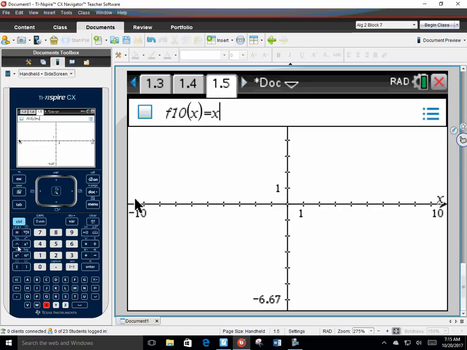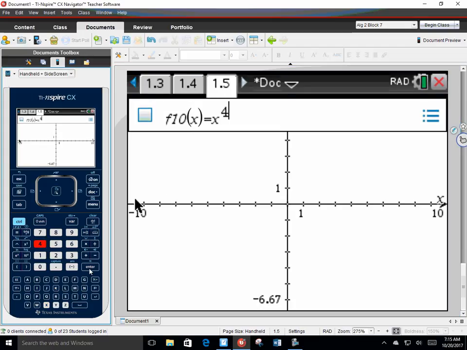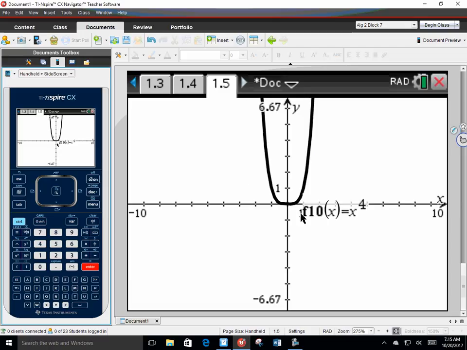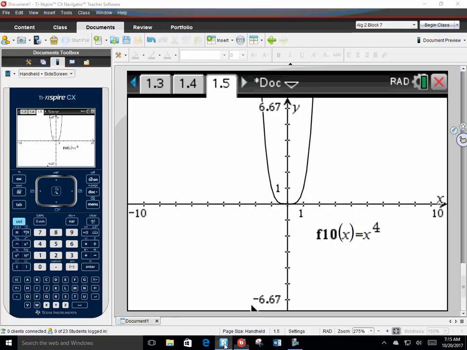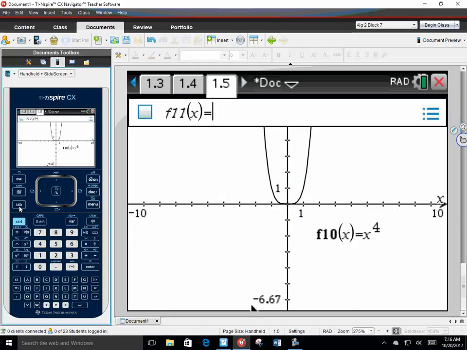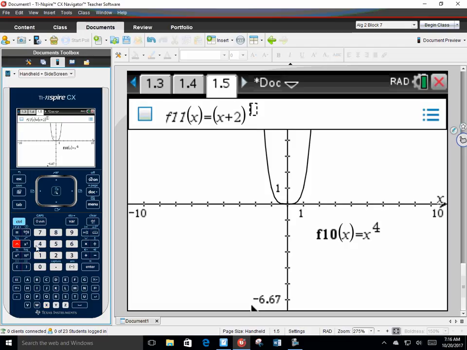That's x raised to the fourth. And this one actually looks very much like x squared, except it is going to be steeper along the sides and a little bit flatter here at the vertex area. All right, so that's our parent function, but now we wanted to do x plus 2 to the fourth. Let's check that first. So I'm pushing tab, and I want to do x plus 2 raised to the fourth.